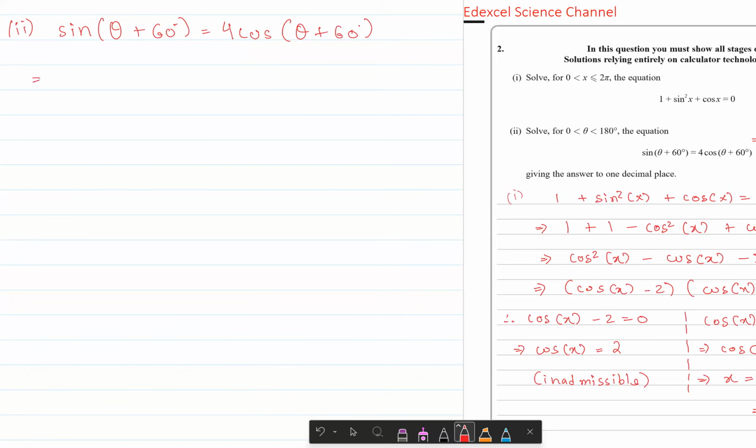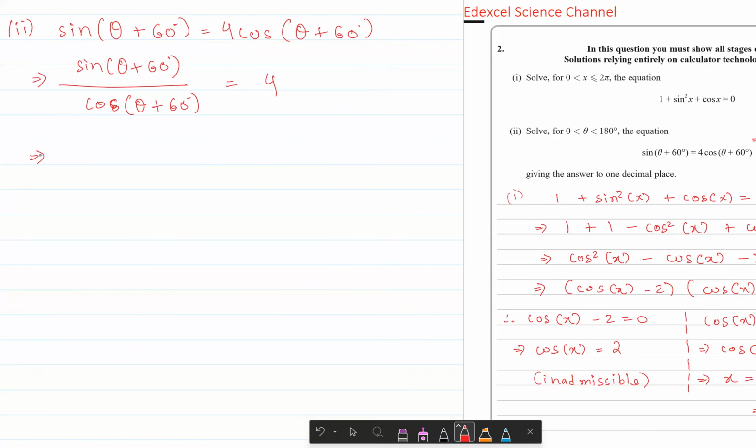Now again, guys, I have two different trigonometric functions, and it is unsolvable at this stage. So I am going to do some tricks to make this more solvable. I am going to divide both sides by cos(θ plus 60 degrees).